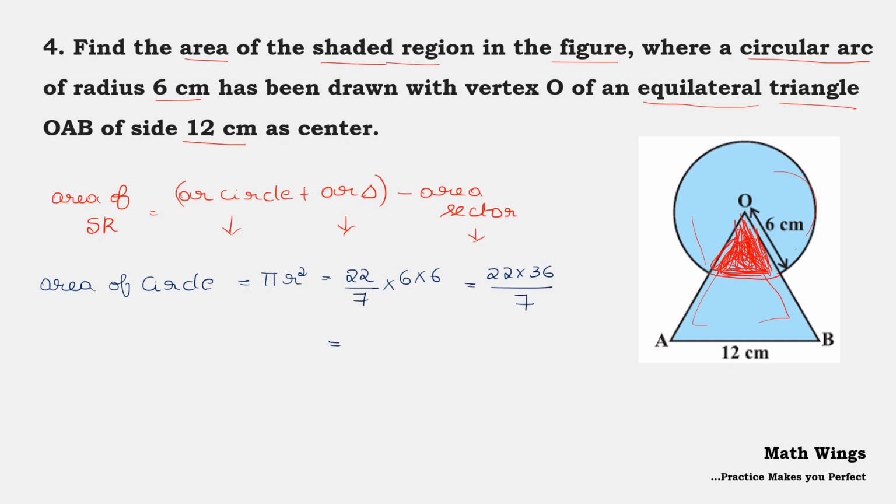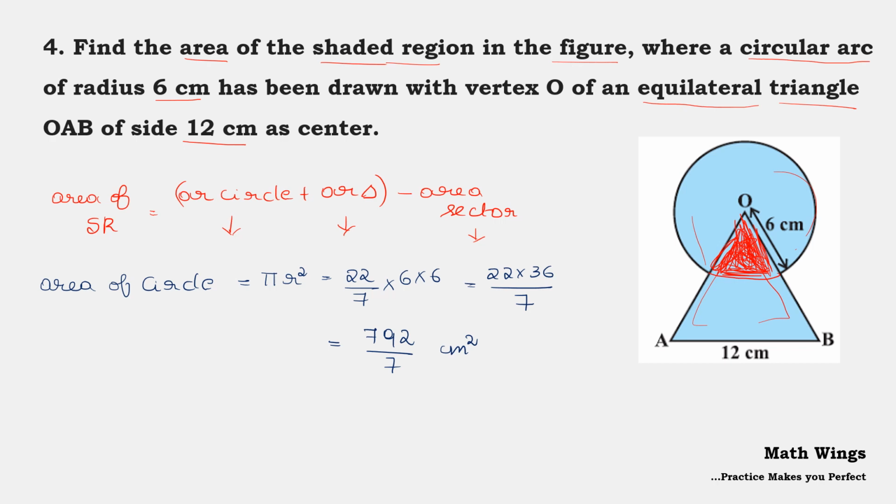So what is the answer here? The area of the circle is 792 divided by 7 and the unit is centimeter square, right?